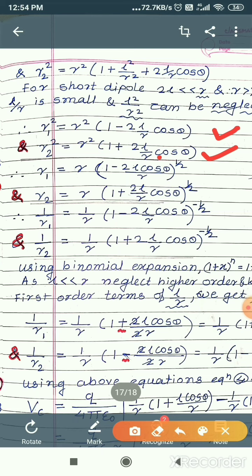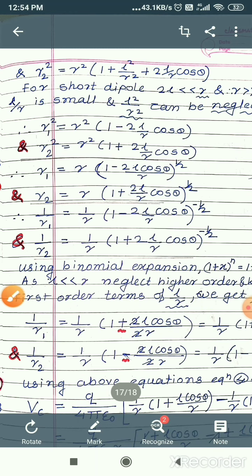I require 1 upon r1 minus 1 upon r2. Therefore, first of all, I have to calculate r1. Take the square root on both sides of these two equations. Therefore, r1 is equal to r times 1 minus 2l cos theta upon r, raised to 1/2. Raised to 1/2 means square root. Similarly, write for r2 also.